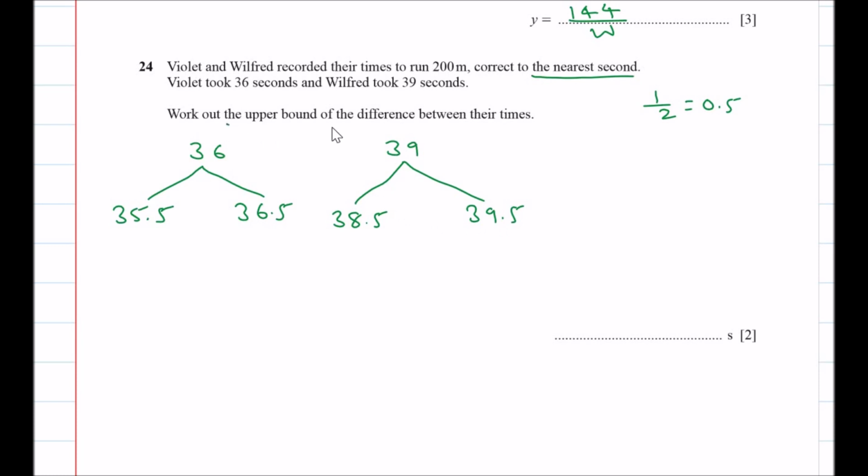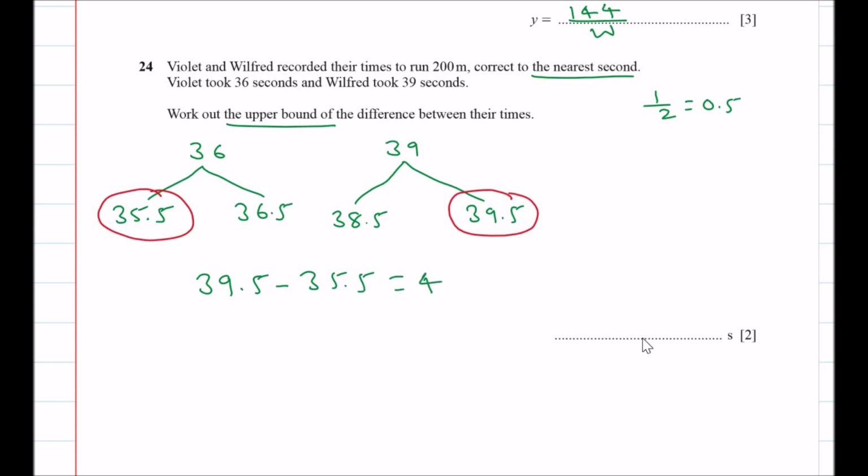Now we have to find the upper bound of the difference. So we will take the upper bound of the bigger number and the lower bound of the smaller number. Okay. So the upper bound of the difference will be 39.5 minus 35.5, and that is 4. So the answer is 4 seconds.